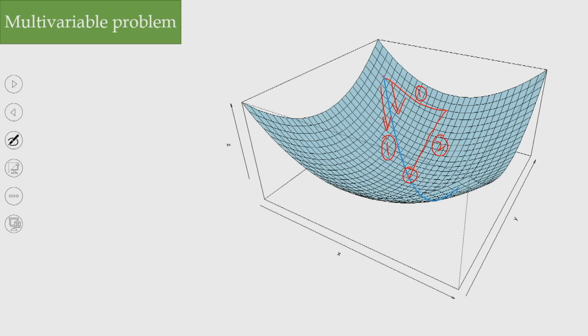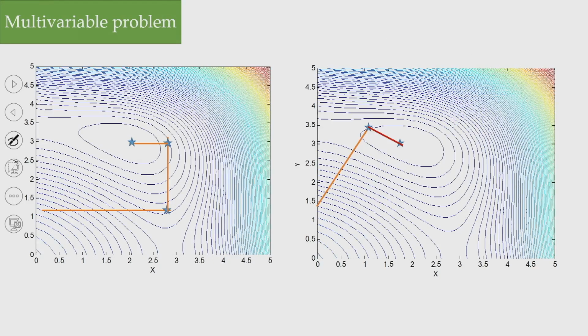So, therefore, there are several algorithms to fix the direction, and that we will basically discuss in this particular lecture. Okay. So, today we will mainly discuss about how to fix this direction. Okay. So, whether you will go along x direction, y direction, or whether you have some other algorithm or other method to get the direction. Okay. So, that we will discuss in today's class.